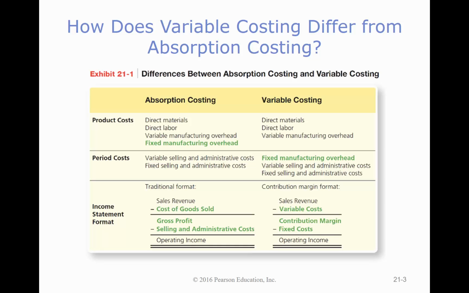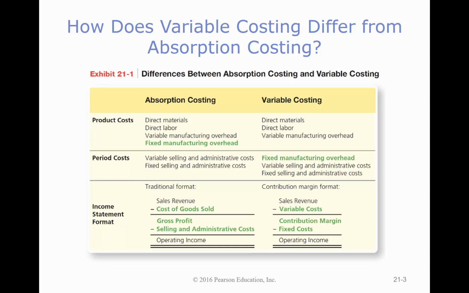In other words, direct materials, direct labor, manufacturing overhead were product costs, selling and admin were period costs. That was it. In variable costing, our product costs are our direct materials, direct labor, and the variable portion of manufacturing overhead. And our fixed manufacturing overhead gets charged as an expense of the period. That's the only difference. Okay, and so the rest of this chapter will be me showing you examples of that.